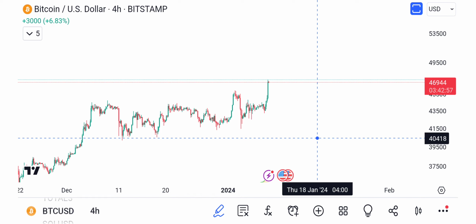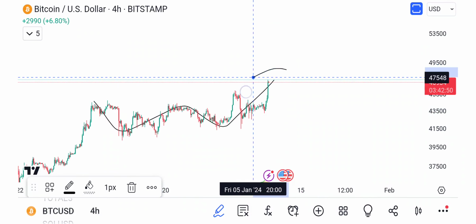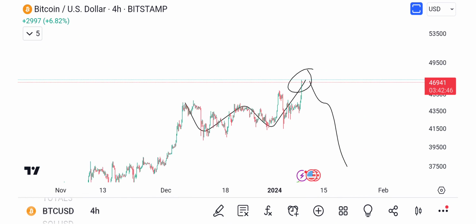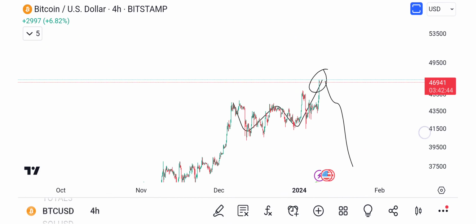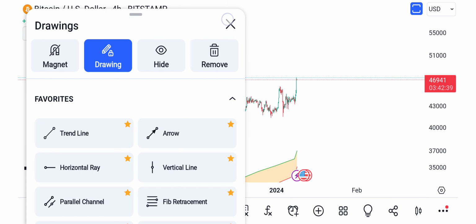If this is a distribution, it's basically like boom, boom, boom, come out here, take out the top, and then we come down, just like the Wyckoff distribution example I showed before. So if you're an altcoin holder, what do you want Bitcoin to do?